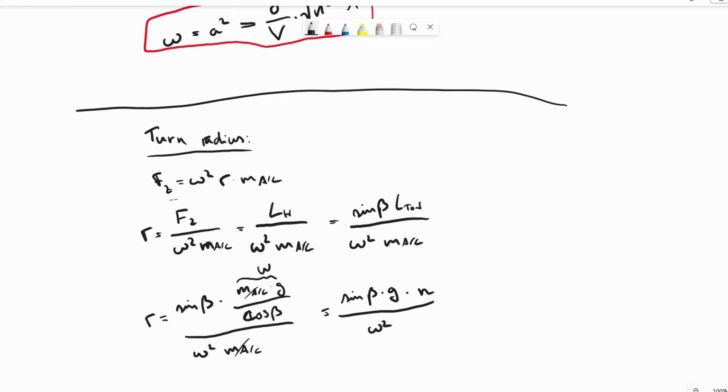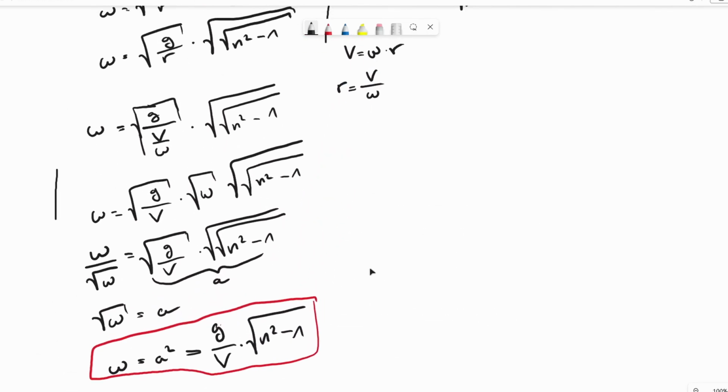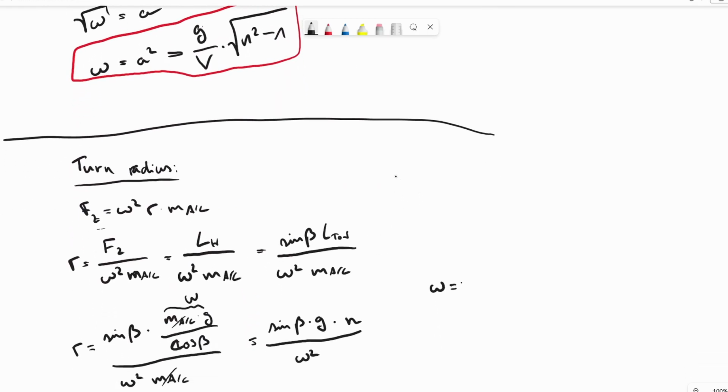Now, again, omega times r equals, no, sorry, v is omega times r, so omega times r equals v, r is hence, sorry, that means omega is v over r.